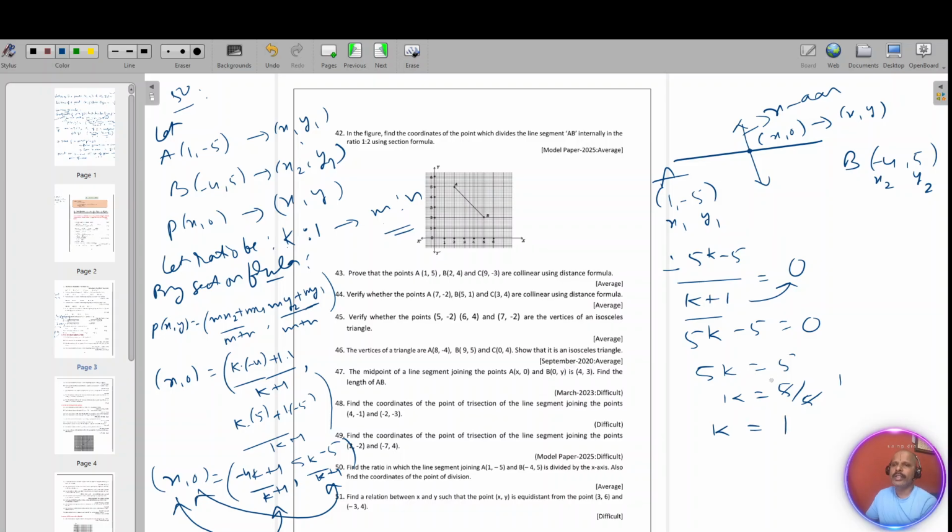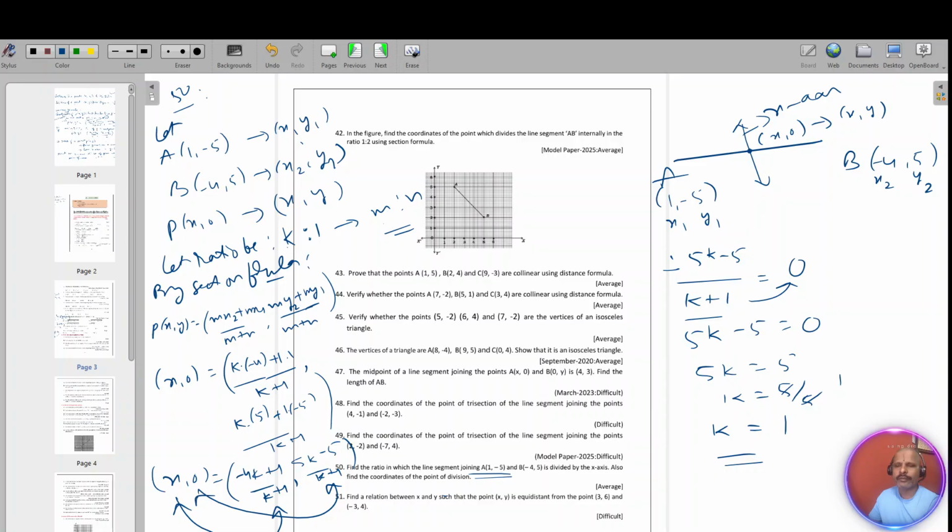Once you get k equal to 1, you apply it here and find the point. What they want is the coordinates of the point, that is P of x comma 0. The 0 is already there, the x value you have to find.